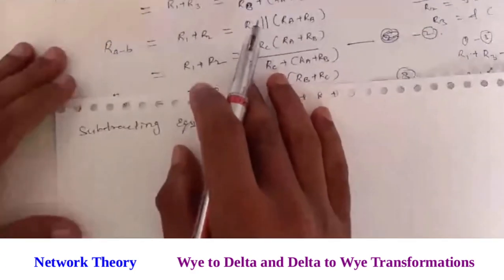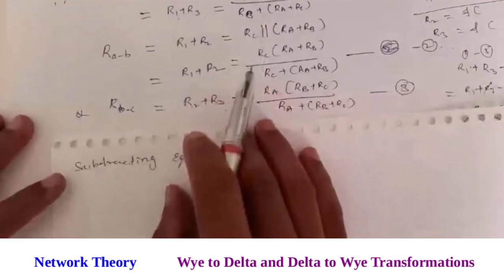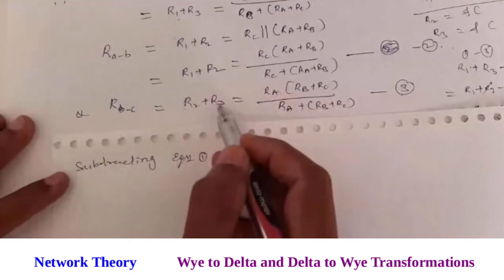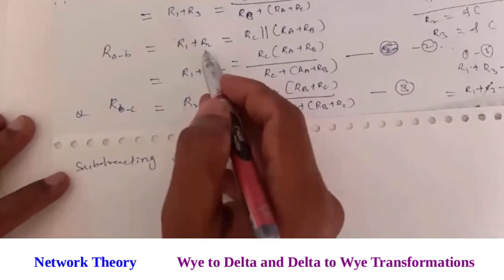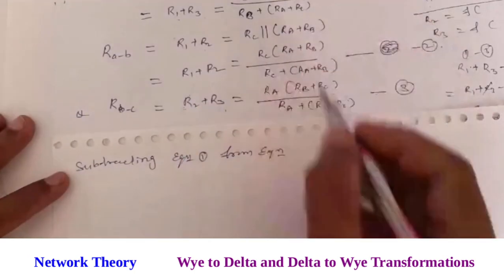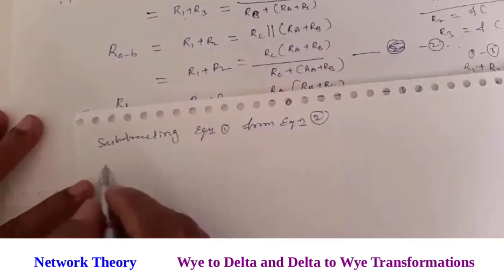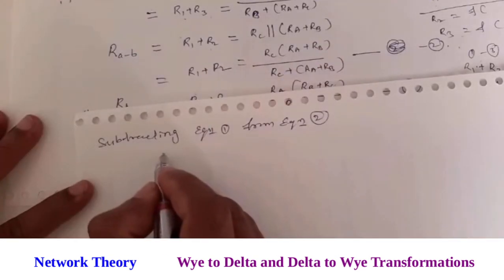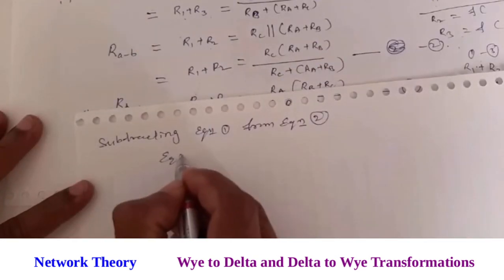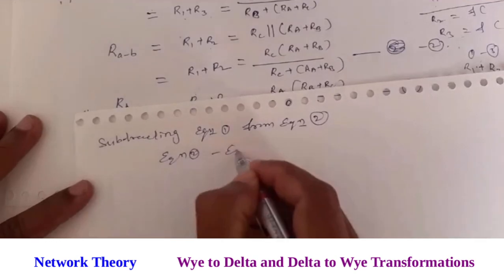Let us take equation 3 only. This is R2 plus R3, this is R1 plus R2. Subtracting equation 1 from equation 2. Okay, what I'm going to do is like this: equation 2 minus equation 1.